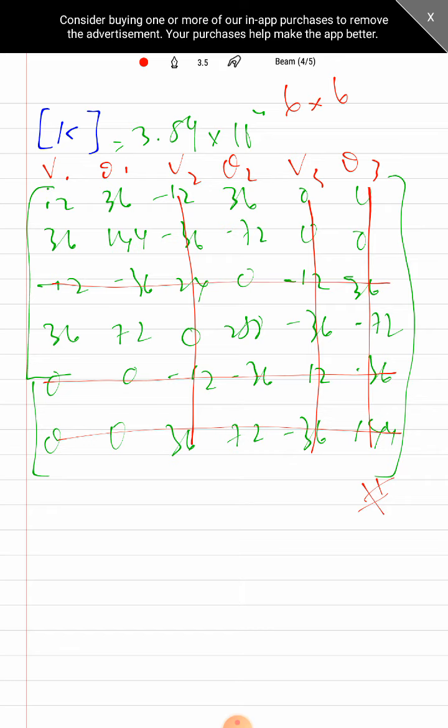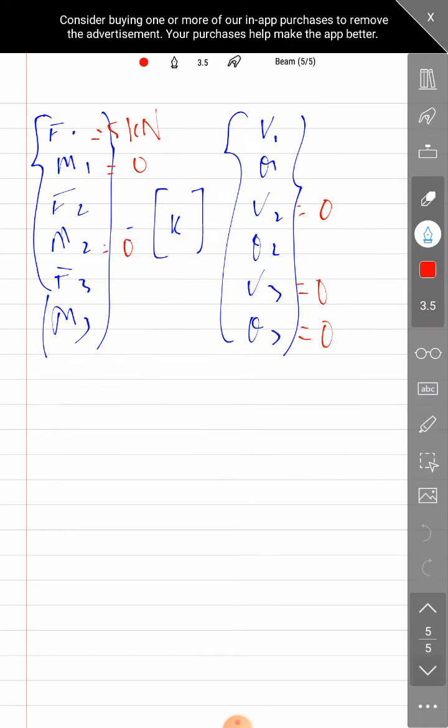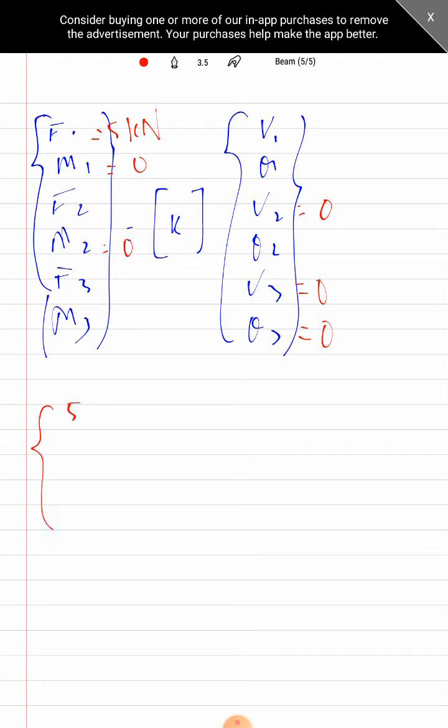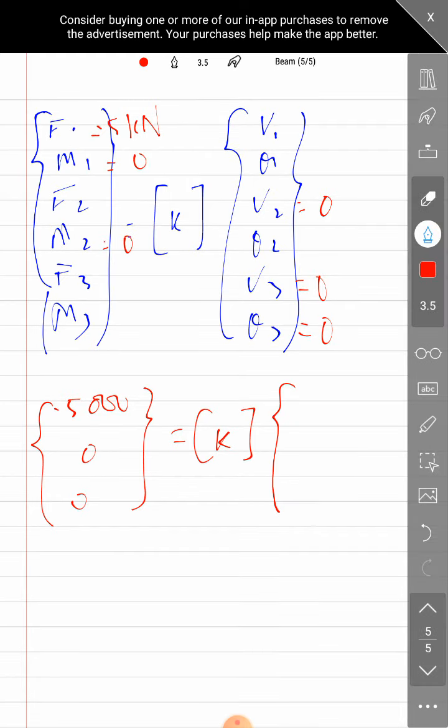Okay, so now we can simplify our equation. You have 5 kilonewton, it's downwards, so negative 5,000 Newton, and then 0, 0, equal to K. You just need to remember to plug in your K. Let me write the K here so that we can see.